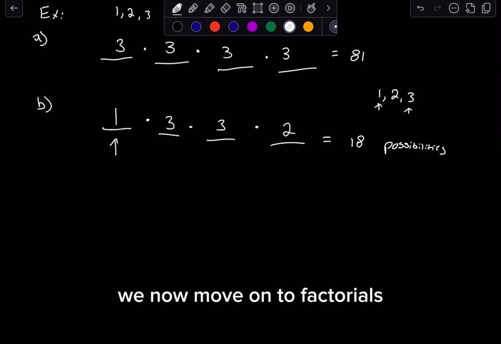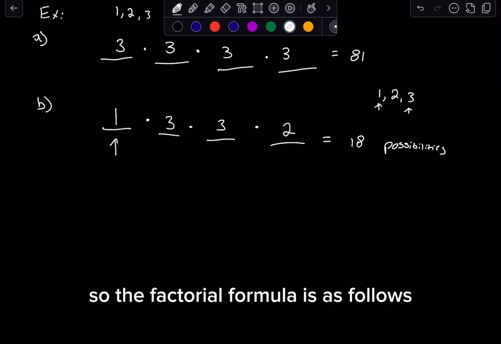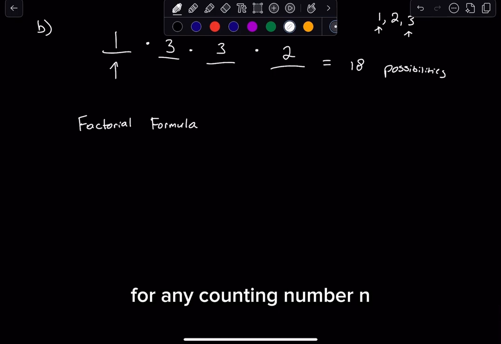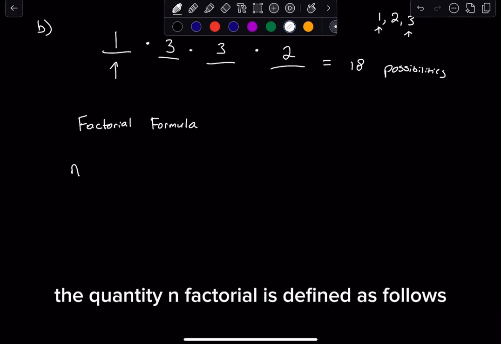We now move on to factorials. So the factorial formula is as follows. For any counting number n, the quantity n factorial is defined as follows.